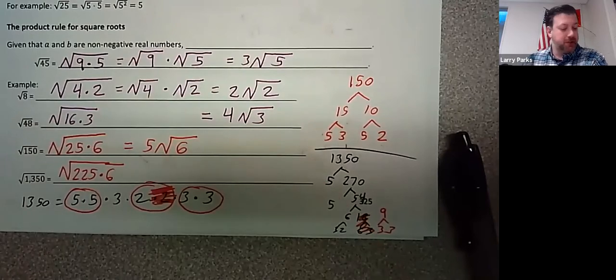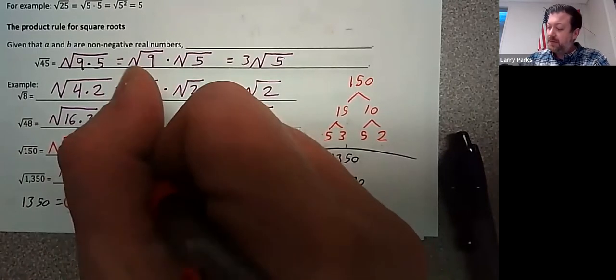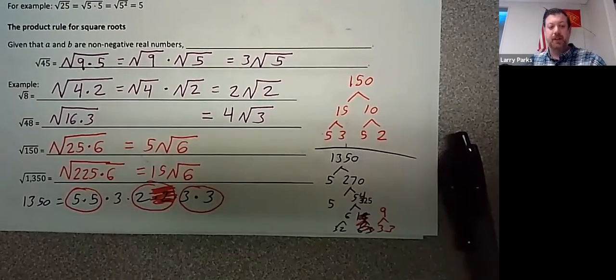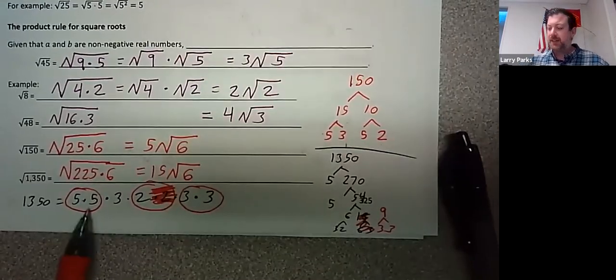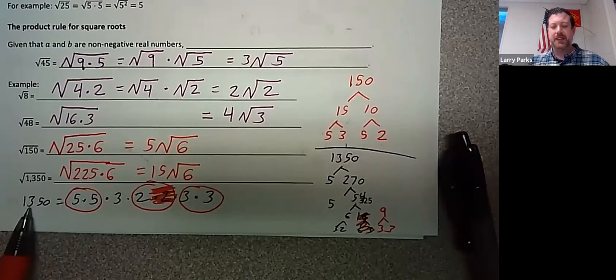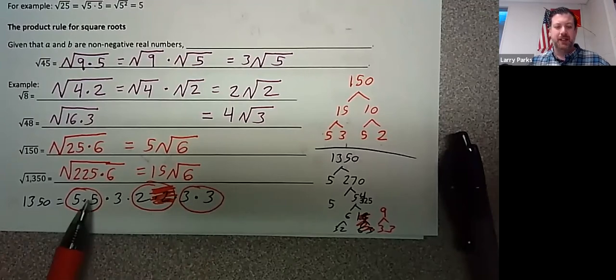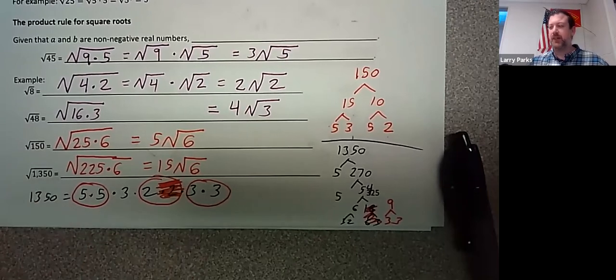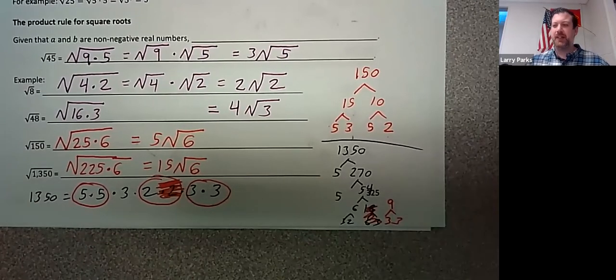And the square root of 225 is 15. Now, in case I lost you, what I did: as I said, 1350 is 5 times 5 times 3 times 3 times 2. And then I saw that this is 25, and that's 9, and 25 times 9 is 225. I'll show you an easier way here in a little bit.